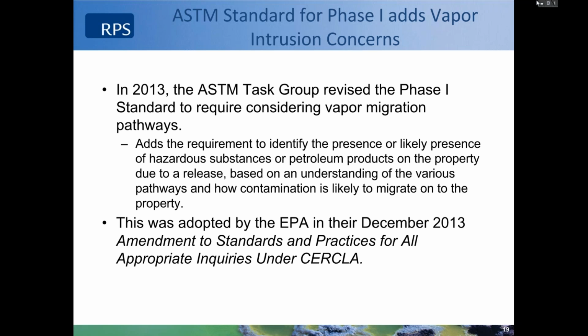A lot of good consultants before then were aware of vapor intrusion concerns and were advising their clients, but it wasn't something that was a requirement to have a complete report. So after they came out with this new regulation, EPA adopted it as part of their standards for practices of all appropriate inquiries. So if you're doing a Phase 1 now, this is standard practice to get it taken care of.